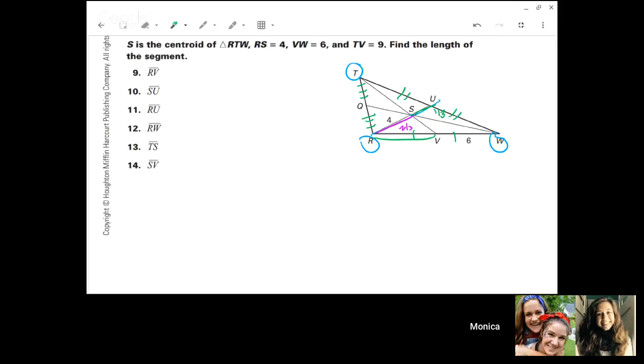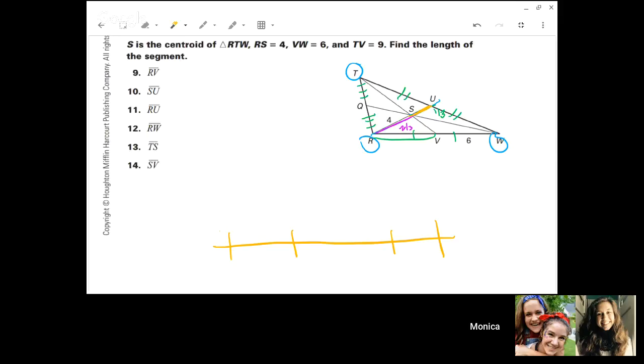So then for SU, SU is this length here, right? Well, we said that that's 1/3 of the whole length. Or another way to think about it, if you have something that's divided into 3 sections, let's see, maybe this is better. Pretend these sections are even, okay?